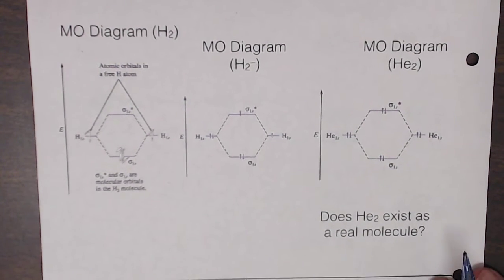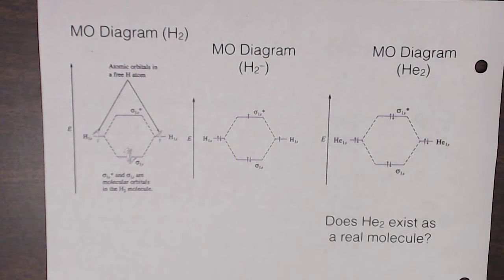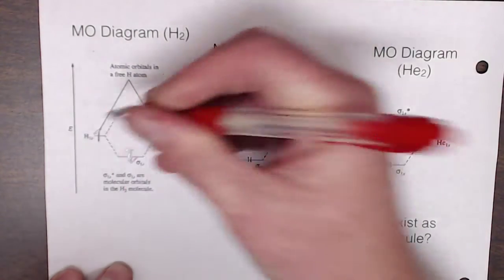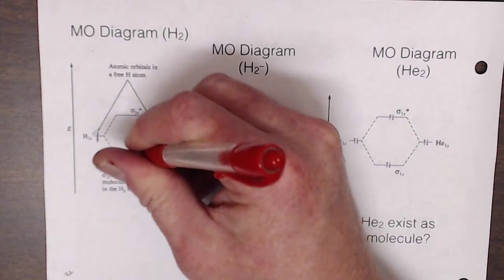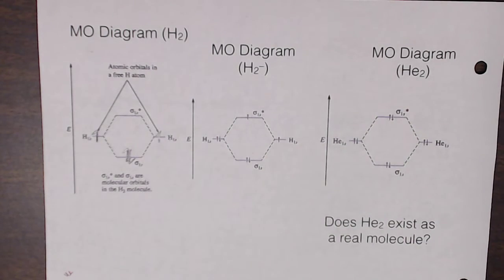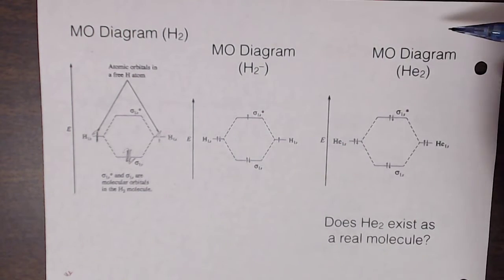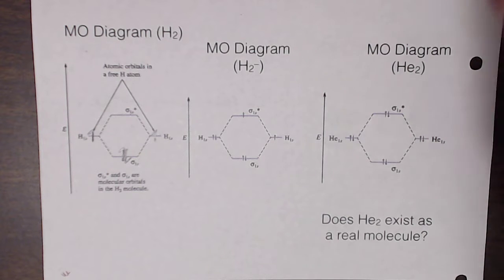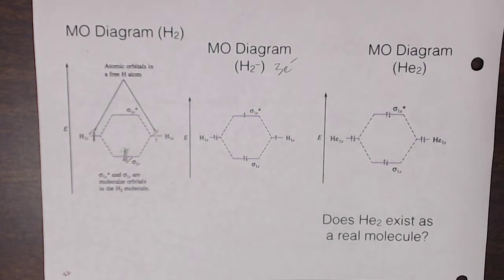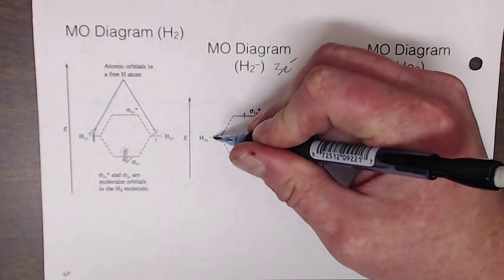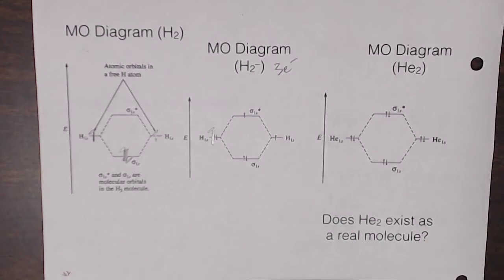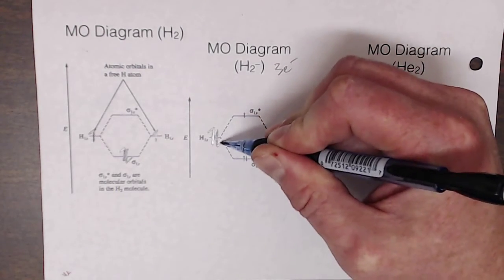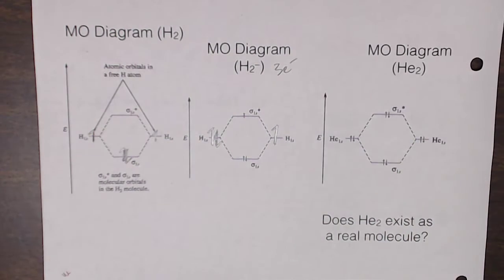But now suppose that we had, let's see, I'm going to draw that with a different color pen, so maybe that it shows up better for you guys. Well, we'll do it for the next one. So now, imagine if we had H2 minus. That's going to be hydrogen with one extra electron, which means there's 3 electrons to distribute in this MO diagram. It doesn't matter which one you say has 2, but one of them would have 2 electrons, and the other would have 1 electron.